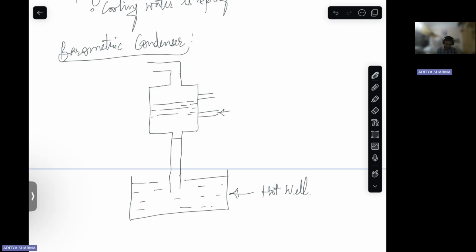So from here we get our steam, right? And this is your static head. Here you have your static head. So this is basically your tailpipe, right?